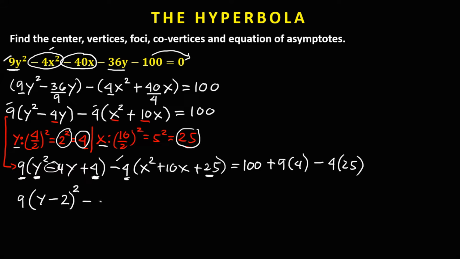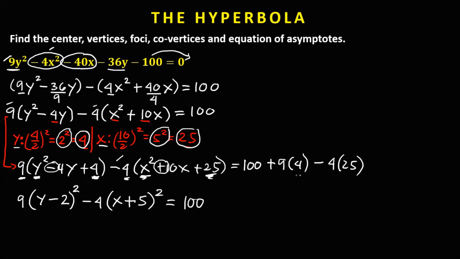Then for x, so we have 4. Factors for x squared, that's x times x. Since this one is positive, so plus. And factors for 25, that's 5 times 5. Then quantity to the power 2, then equals.